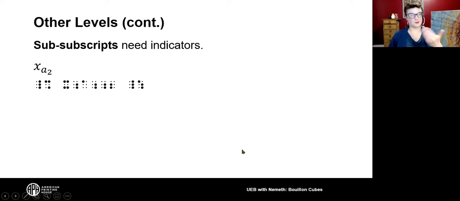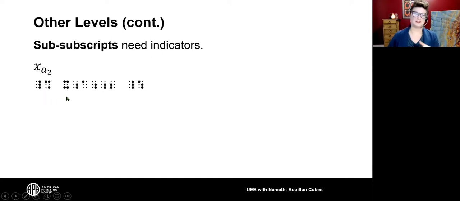We talked about how a numeric subscript to a letter doesn't need any indicators. It's real slick. But if we're 2 levels down in the subscript position, that's a rare enough occurrence that we don't have special slick rules for it. So if we had X sub A sub 2, see how the 2 is sort of connected to the lower part of the A, and that A is connected to the lower part of the X, all in print.